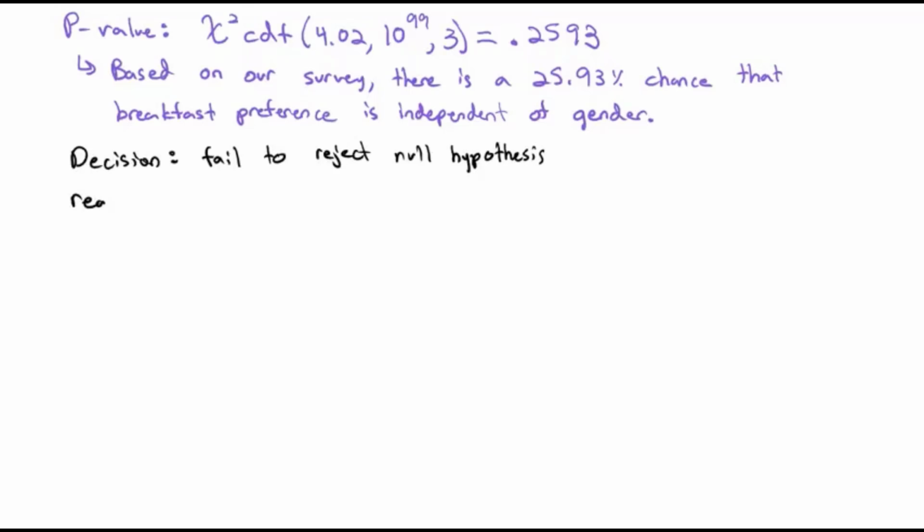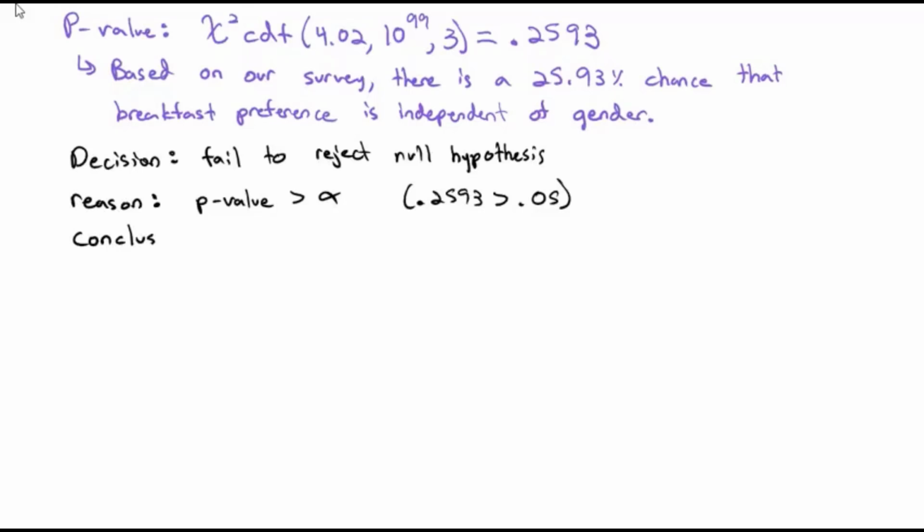And the reason for that decision is the p-value is greater than alpha, or 0.2593. That's too much evidence, overwhelming past the 0.05. We must still believe the null hypothesis is true.